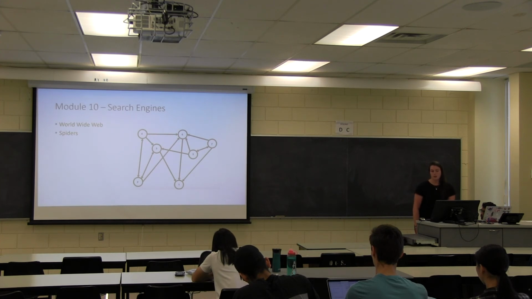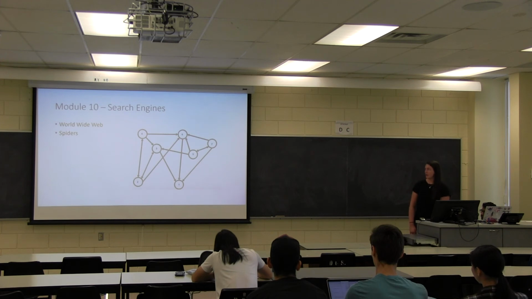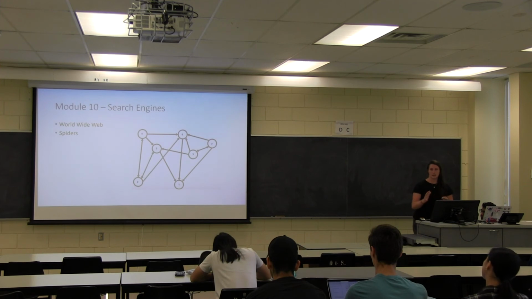Page 1 would increase in ranking just due to the fact that a very credible web page is linking to it. So in this situation, web page 6 would be ranked first, then 1, and then 3, and so forth, just going off of how each web page is linking to each other.